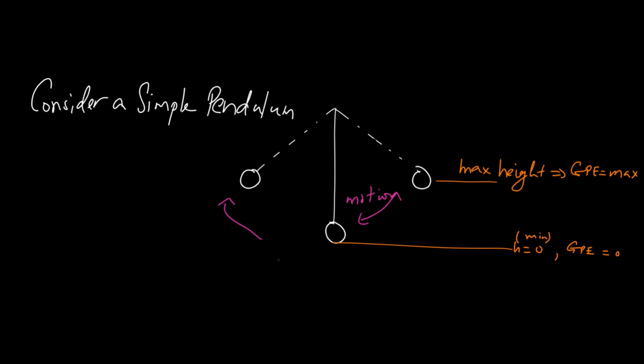At maximum height, don't forget that the gravitational potential energy is also maximum. At minimum height, as shown, the gravitational potential energy is considered to be 0. However, the object passes here at its maximum speed, making its kinetic energy maximum at that point. At maximum height, kinetic energy is minimum.